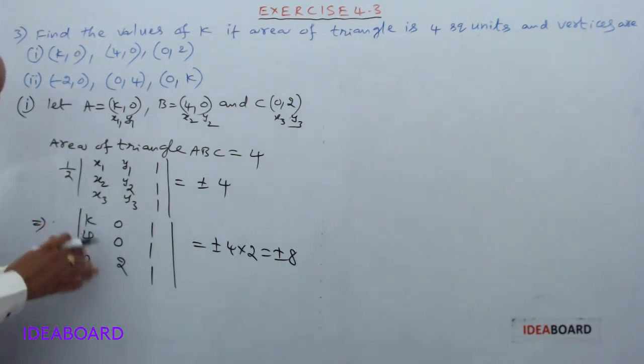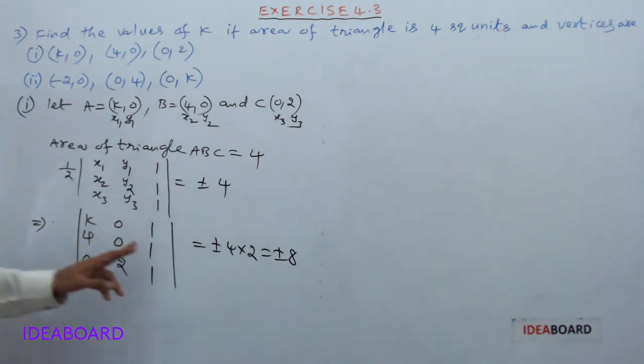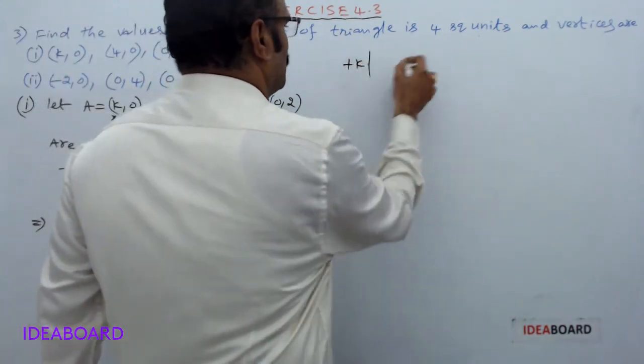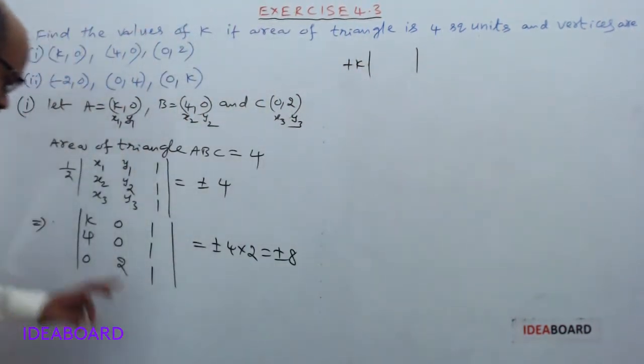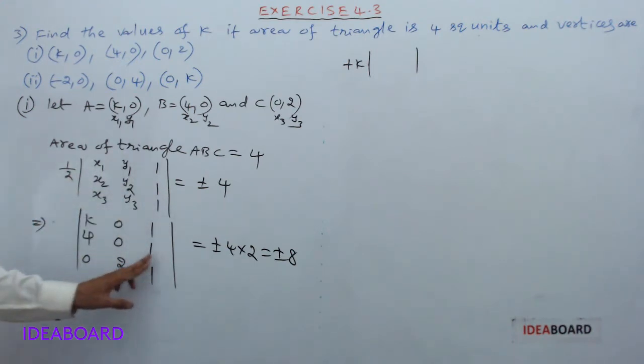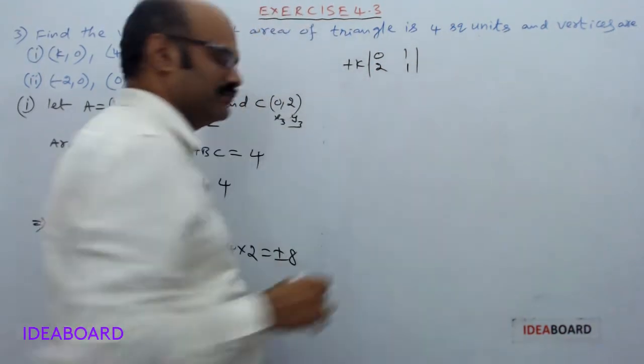Now we have to expand this determinant and then find the value of k. So we take plus k into the determinant of the remaining elements after closing the first row and first column: 0 1, 2 1.